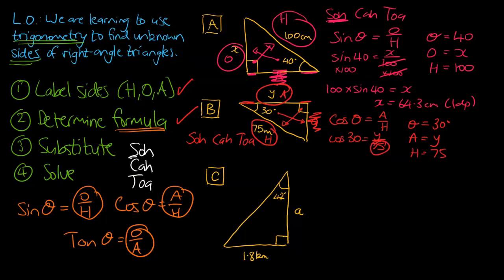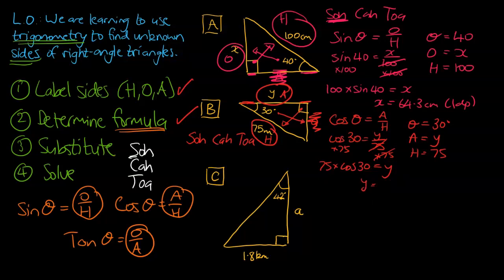I'm now going to get rid of this divide by 75 and do times 75. So they're cancelling each other out. And I've got to do that on this side over here as well. So that means it's going to be 75 times cos 30 equals Y. This is where I've got the letter by itself. So I'm just going to go ahead and calculate what this part here is.